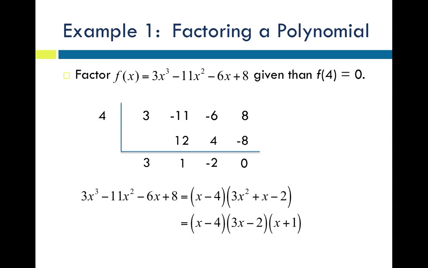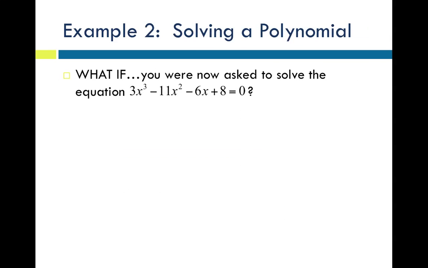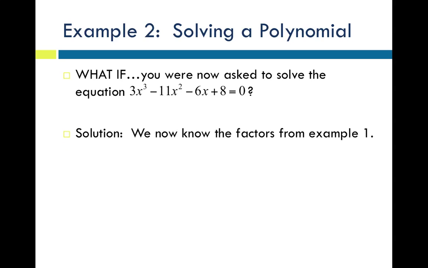Okay? Now, what if I now ask you to solve the equation where I take that 3x cubed minus 11x squared minus 6x plus 8, that polynomial we just worked with, and I set it equal to 0? Well, since we now know the factors of that polynomial from example 1, that's actually a very simple task.